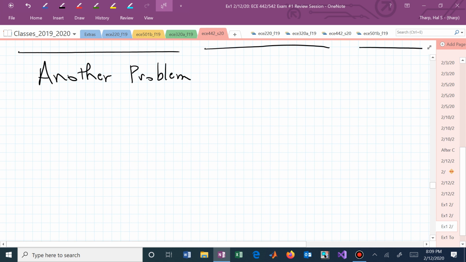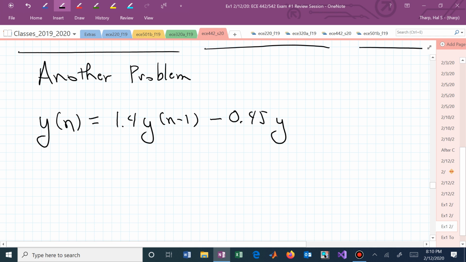Suppose we had y of n is equal to 1.4 y of n minus 1 minus 0.45 y of n minus 2 plus u of n minus 1 plus 1/2 u of n minus 2.